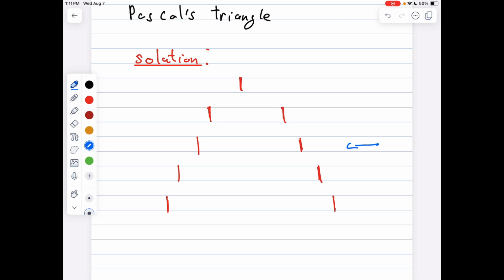You have 1 here and the 1 from the row above it. When you add those together, you get 2. Then we move to the next row and do the same thing. I take 1 and 2 and add them together. 1 plus 2 is 3. That goes in the middle. Then the same thing with the 2 and the 1. 2 and 1 is 3 as well.